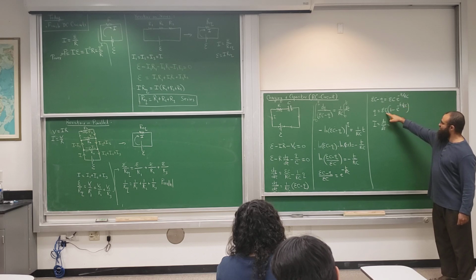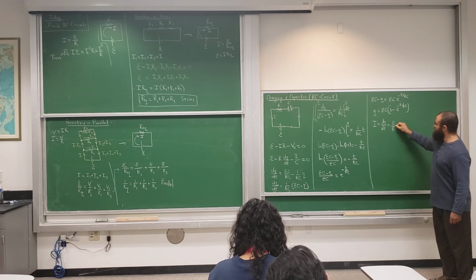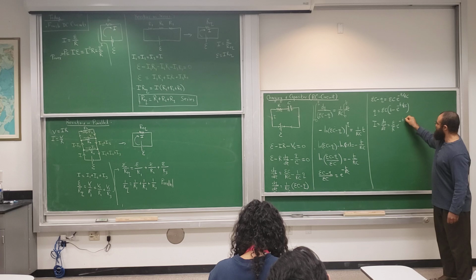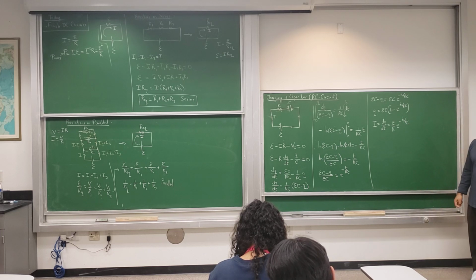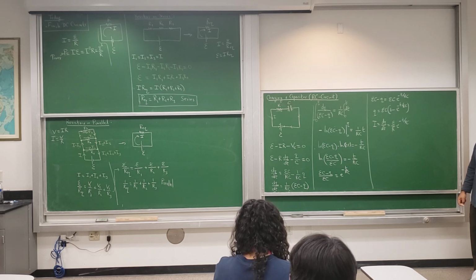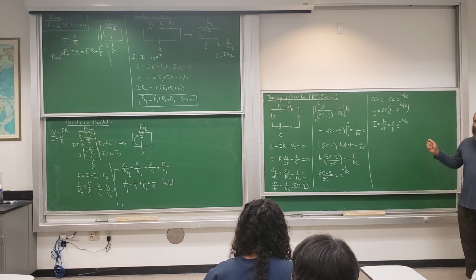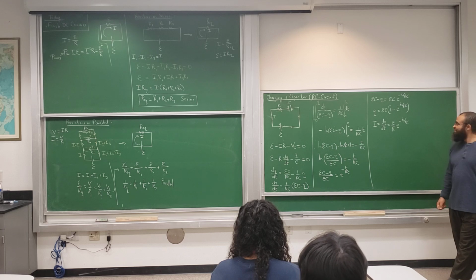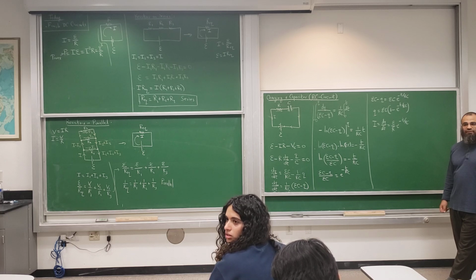C on the bottom, C on top cancels, so you just get E over R. Shouldn't it be negative EC after you take the EC to the other side? EC minus Q? Yeah, it would. You can double check. Because the Q is negative.